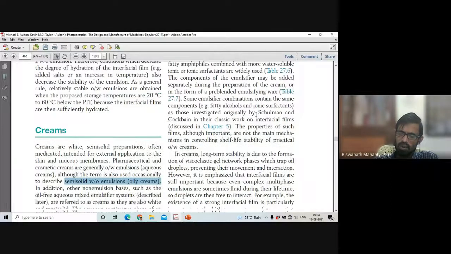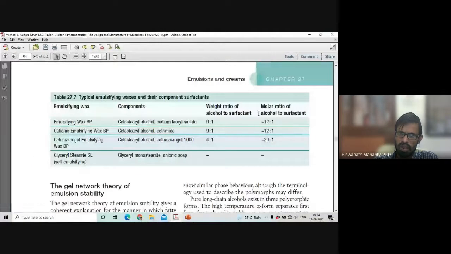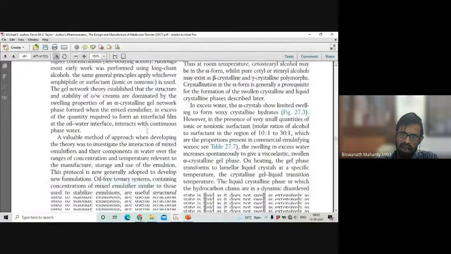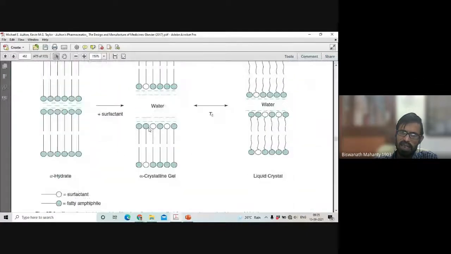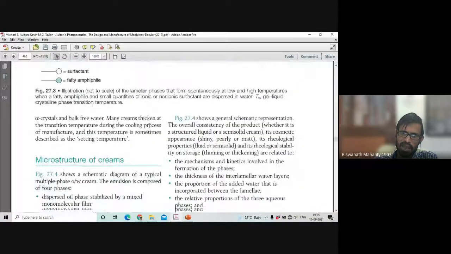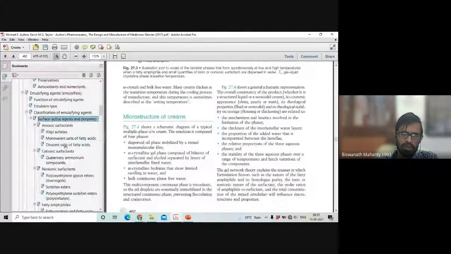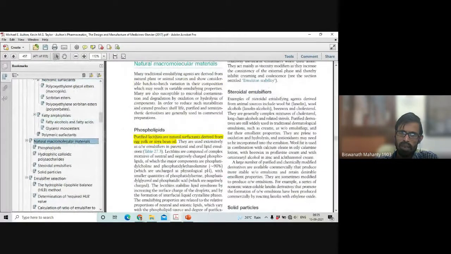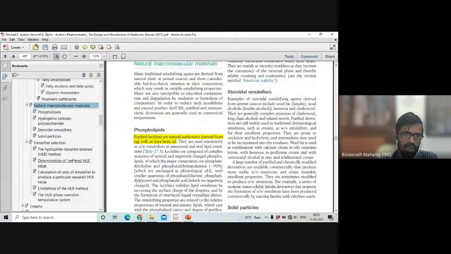You can go through some of the emulsifying agents we normally use when preparing emulsions. These aspects are not really relevant; these are physical aspects of the emulsifier. The surfactants, natural macromolecules, phospholipids, all those things we are talking about.